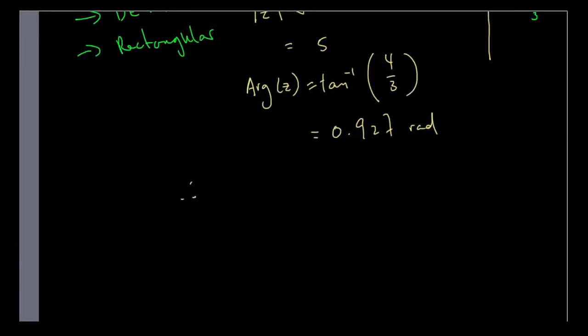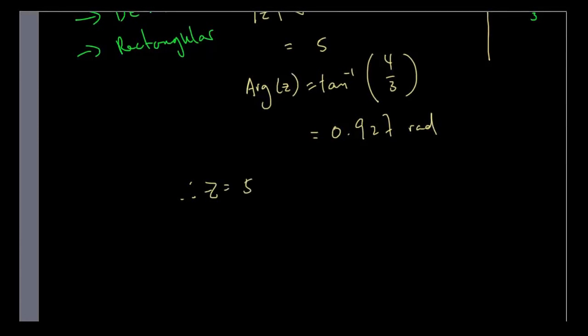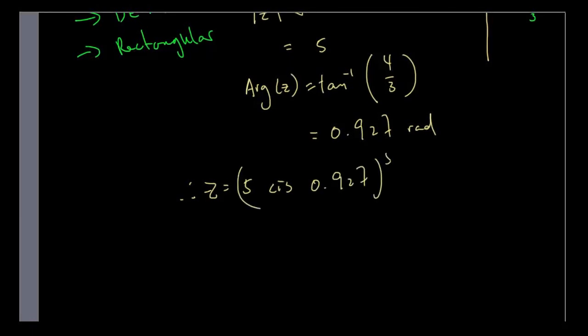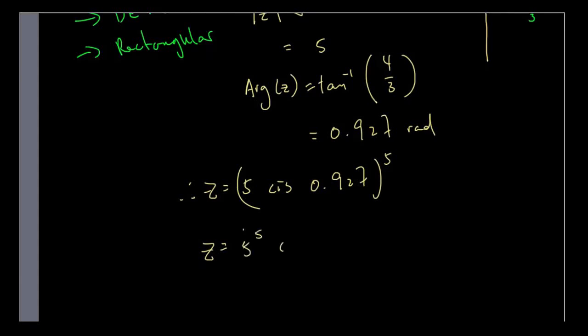Now, if we put everything together, my polar form is z equals 5 cis 0.927, raised to the power of 5. In this case you need to use de Moivre's theorem. So that will be 5 raised to the 5 cis 0.927 times 5.